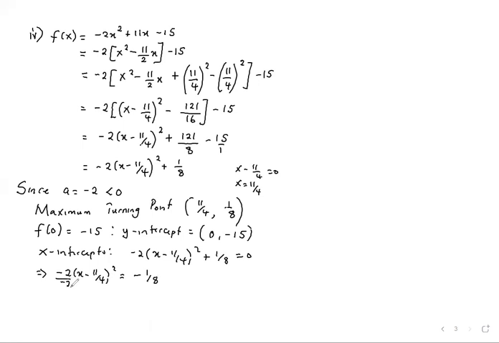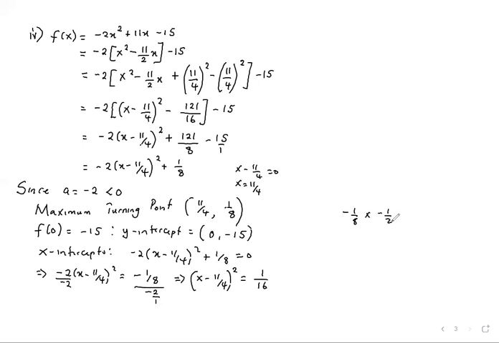Divide by -2, divide by -2. So what we'll have now is x minus 11/4 squared being equal to +1/16. Since this is the same as dividing -2/1, when you reciprocate, it will become -1/8 multiplied by -1/2.